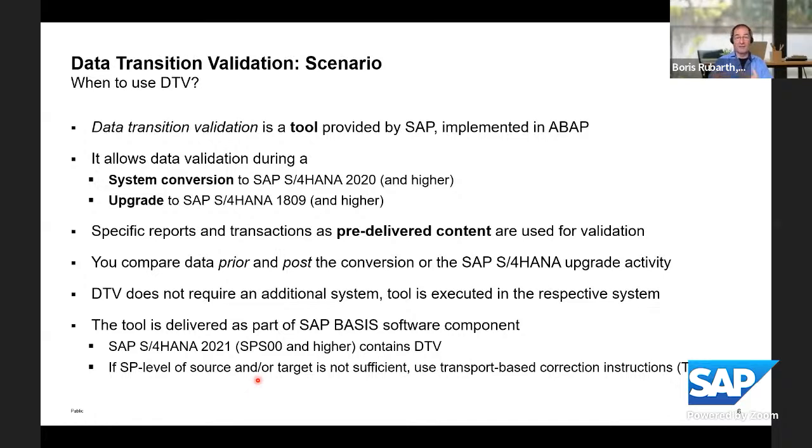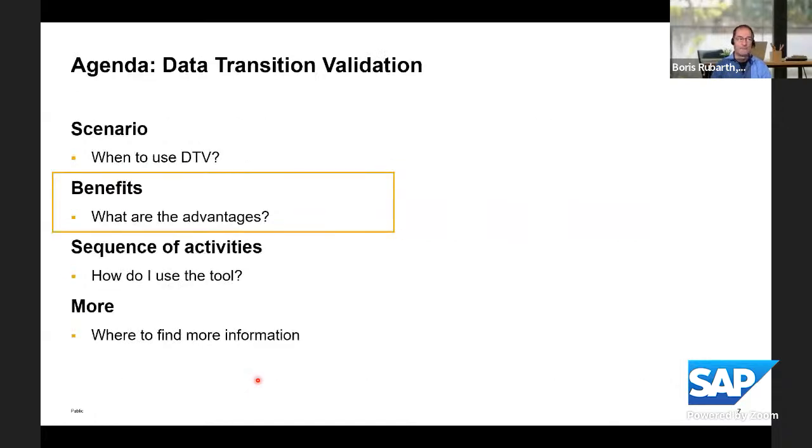So you apply those transport-based correction instructions using transaction SNOTE. That's the usual procedure that bundles the application of several notes. And then you do have the tool in the source system available. That's the general approach. So that was already the scenario. It is for two scenarios that have been discussed already.